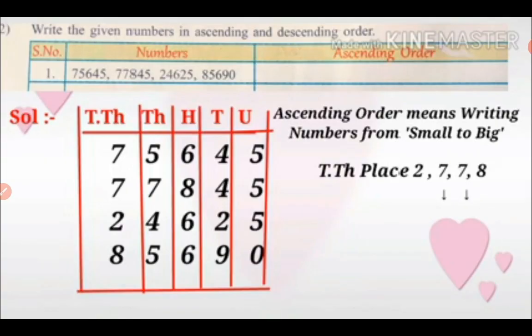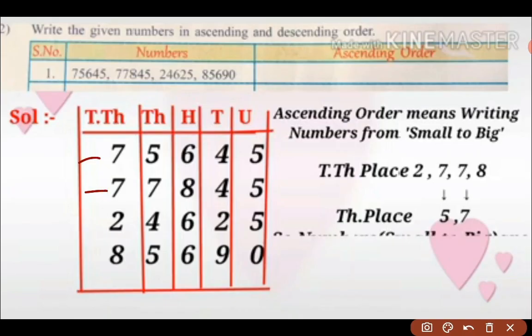It's 2. The next is 7, next is 7 and 8. So when the two 7s are equal, these two numbers are the same at this point. The first lower number is the one with 2, the second is 7. For the second 7 number, you compare again in the next place.